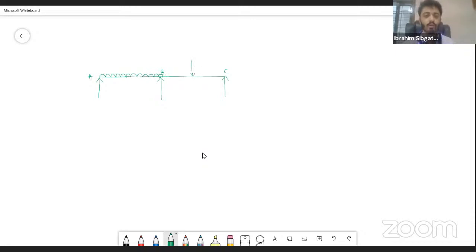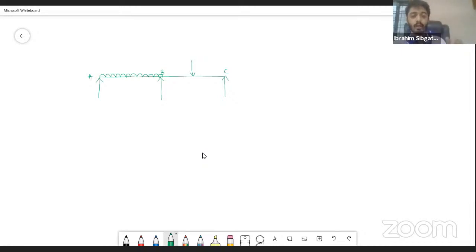When it comes to loads, you already know that there are 2 types of loads that we are going to learn as an architecture student: one is the uniformly distributed load, and another is a point load. There is also one more type of load called uniformly varying load, but thankfully we don't have that in our syllabus.